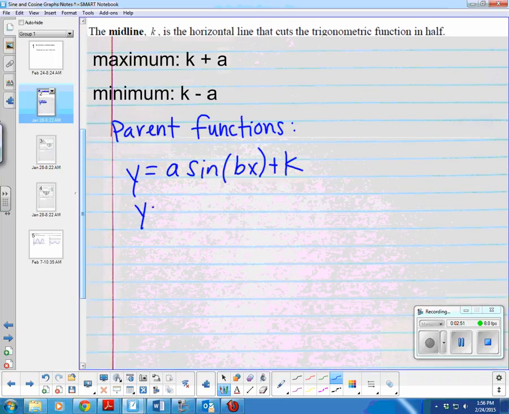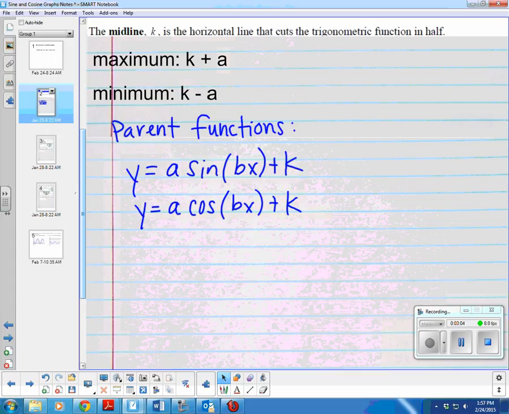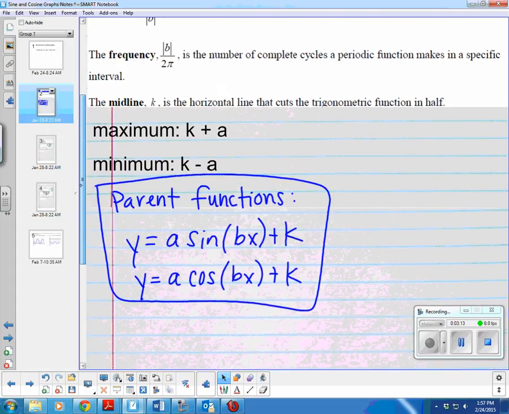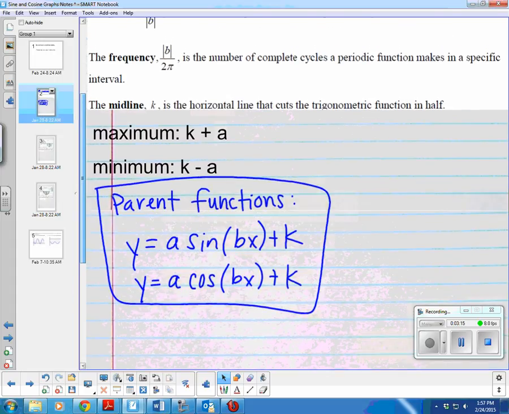And then for cosine, it's the exact same, except you have cosine of bx plus k. And if you want to bold those, highlight them, okay? Because that's where all of this other stuff comes into play. When it mentions k and a and b, it's from this part of the equation, okay?